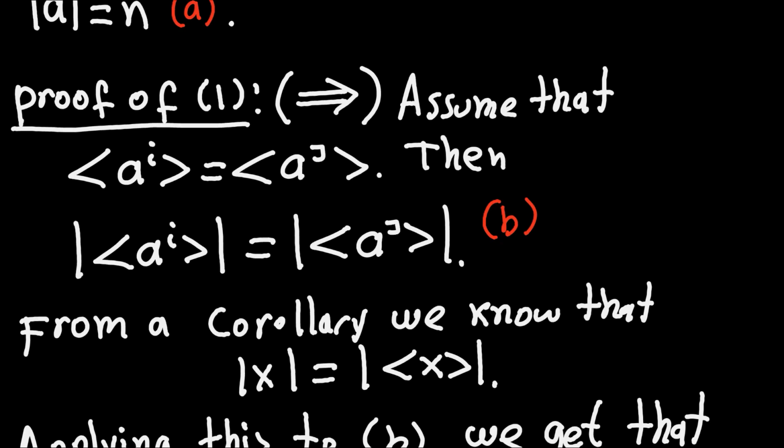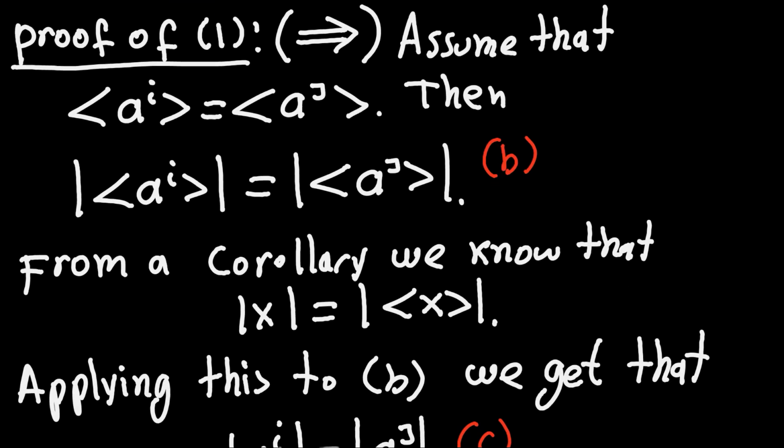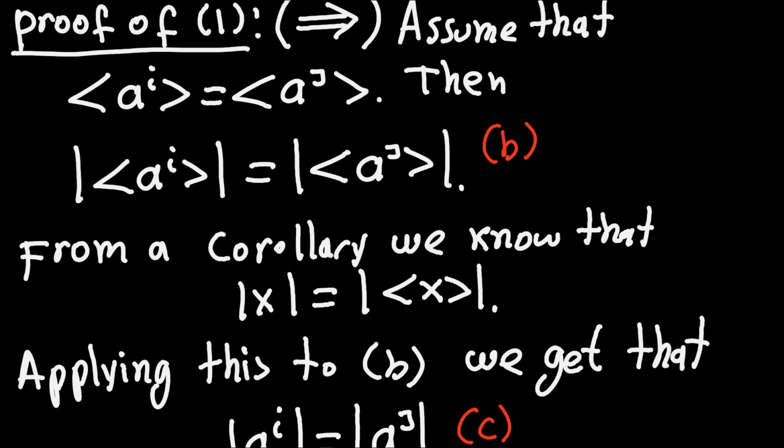Now we're going to use the corollary that we proved in a lecture before, that is this one: the order of an element x is equal to the number of elements of the subgroup generated by that element x.